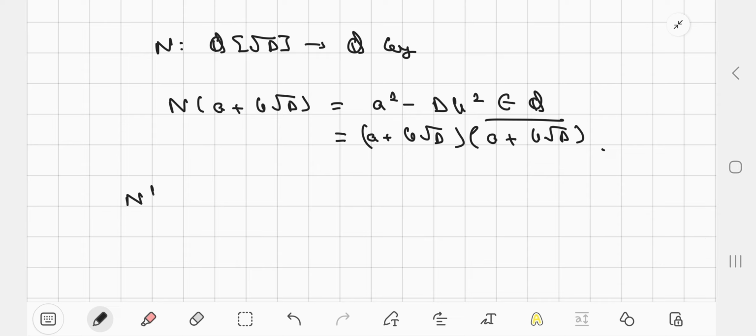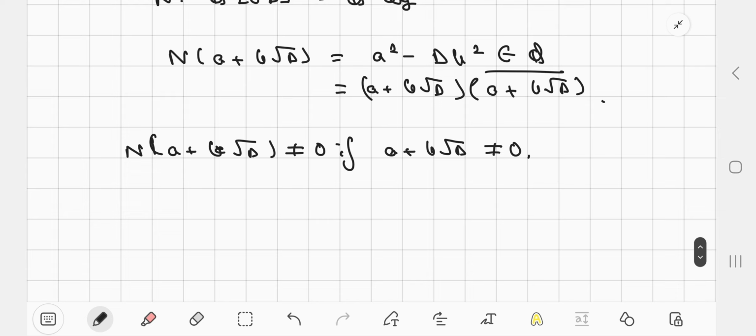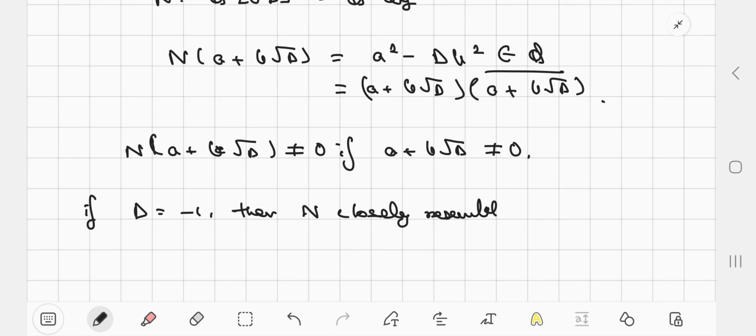N of A plus B root D is non-zero if A plus B root D is non-zero. The thing I said before is that if D is equal to -1, then N closely resembles the standard norm on C.